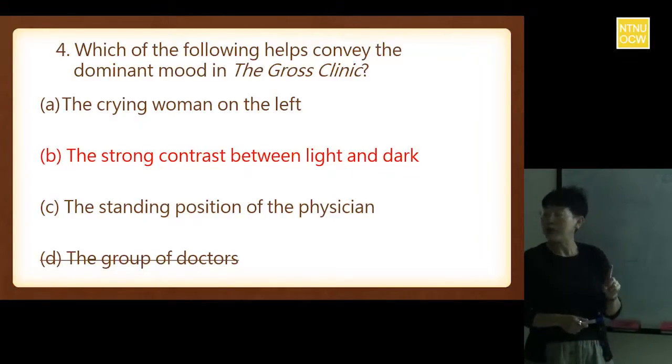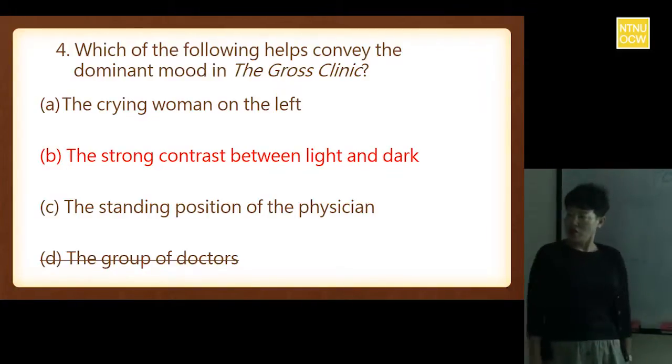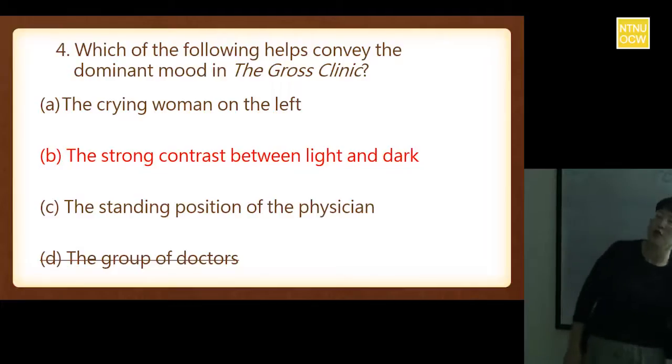How many women do we have in this painting? Only one. But how many doctors? We have the doctor standing, but also beside him, there's a group of doctors, right?